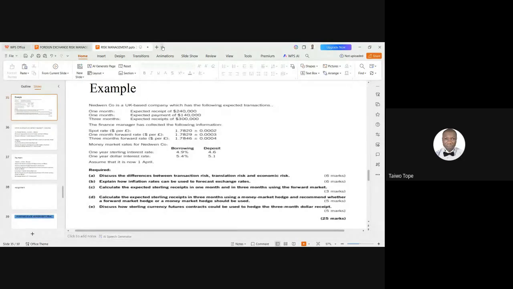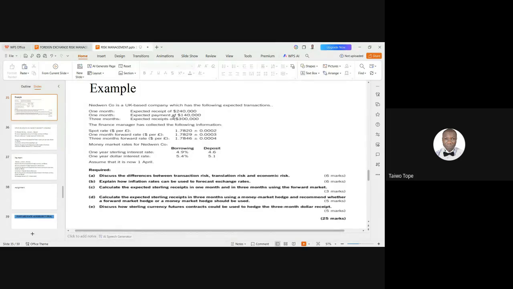100,000. So the pound sterling value in the next 1 month will be what? 1.7832. Yeah, that is a spot rate.